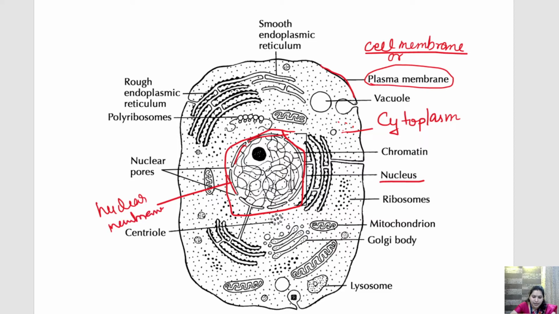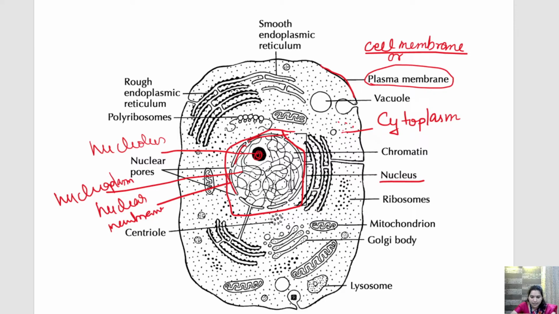Correct. Inside this you can see a black dot, that is called nucleolus. And the fluid that is present inside it is called nucleoplasm. Getting it? This is called nucleoplasm.